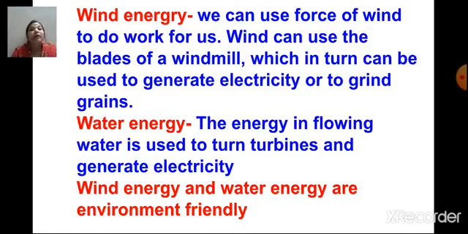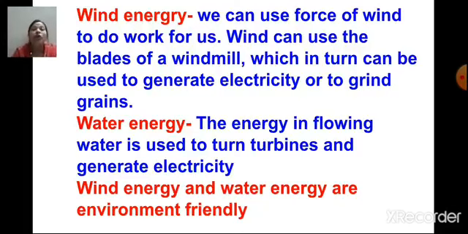In this way, wind energy can be used. But wind energy, when it is generated, does not pollute the environment. It is environment friendly.